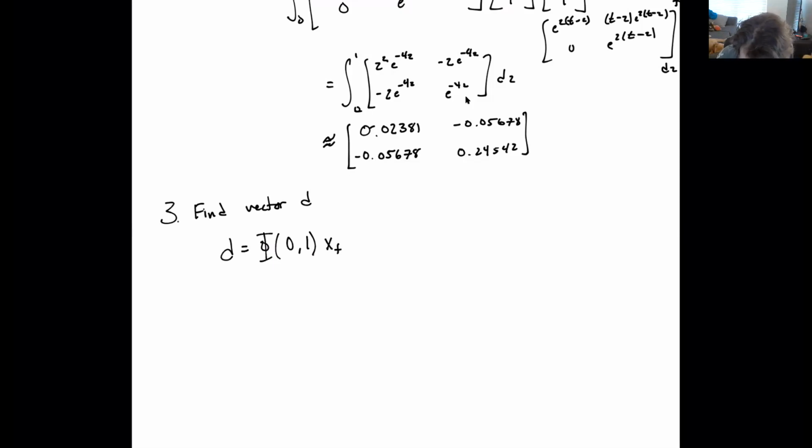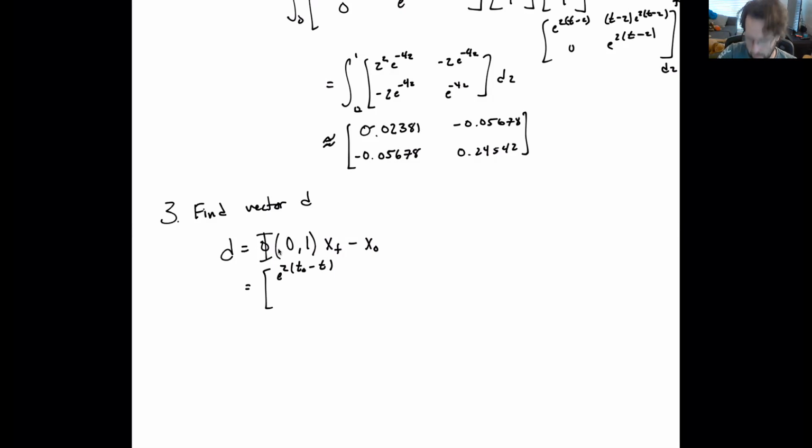The state transition matrix again is e squared t naught minus t, due to the items here.